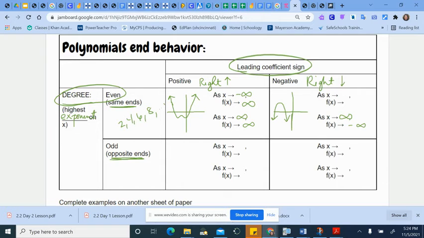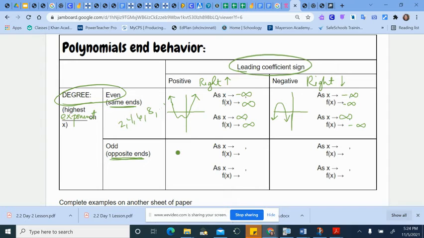The y value goes down. And it's also true on the left. As x approaches negative infinity, the y value goes down to negative infinity. They both go down. I'm sorry, both the y's go down, whether you go left or right, because it's even degree, but negative leading coefficient.